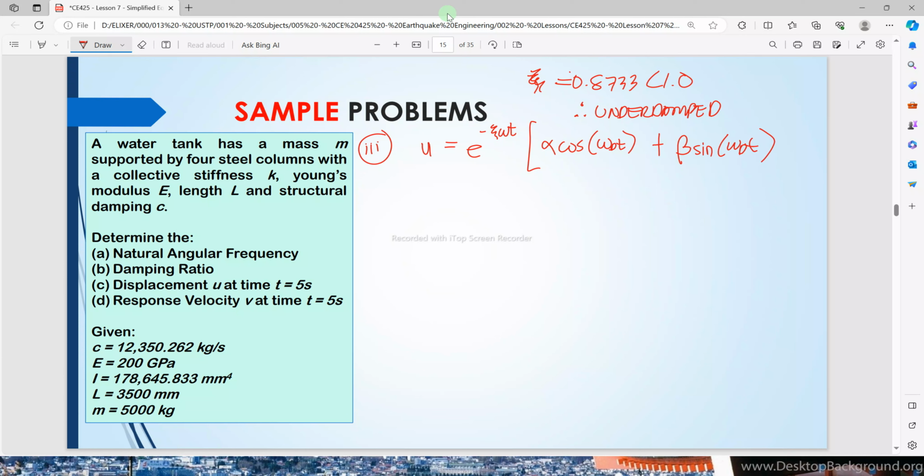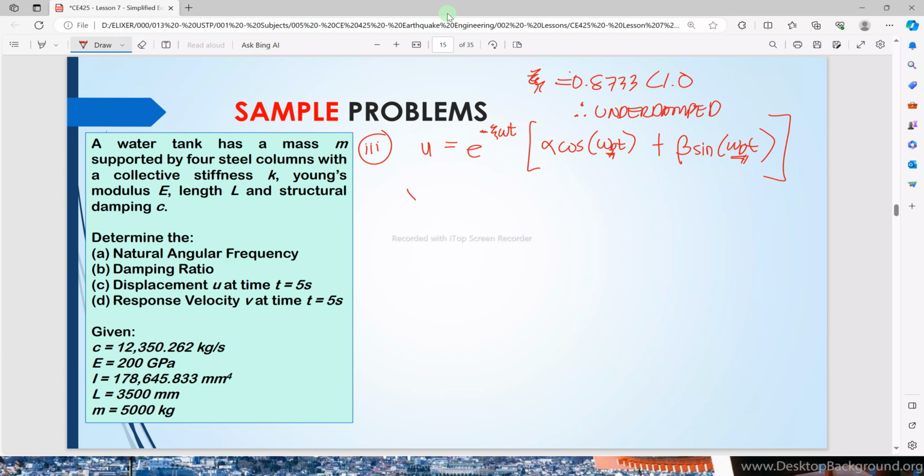It is somewhat similar to the undamped condition's equation, but the angular frequency used is the damped angular frequency, and there is an addition of the exponential function here. If you notice, it is negative, meaning the value decreases. It denotes decay in the amplitude of the oscillating or vibrating system.